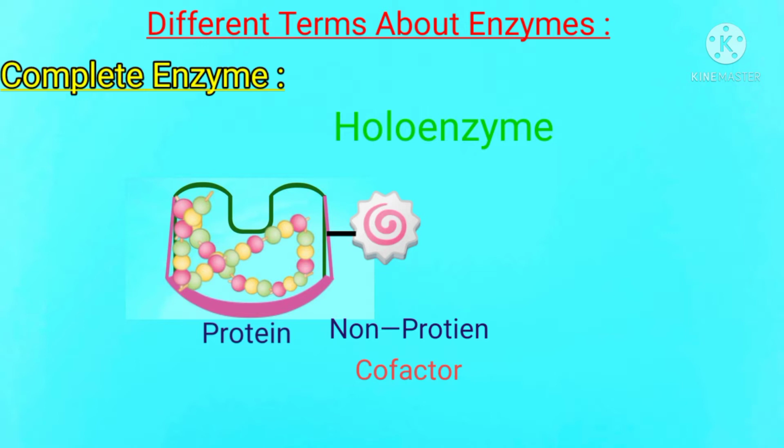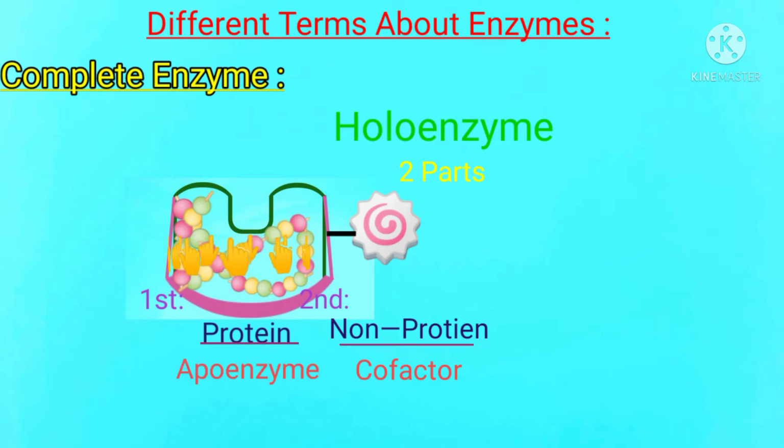So the functional enzyme, which is called the holoenzyme, consists of two parts. First is the protein part and the second is the non-protein part. As I have already told you, this protein part consists of some amino acids that join together to prepare the polypeptide chain, the protein part of an enzyme, that is called the apoenzyme.